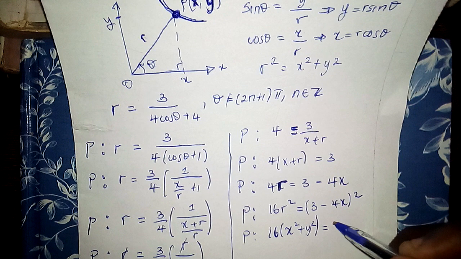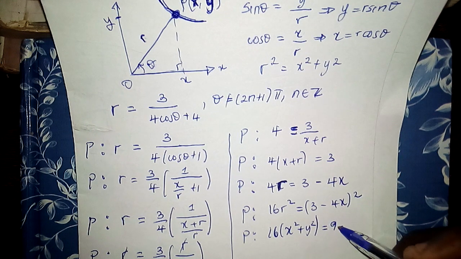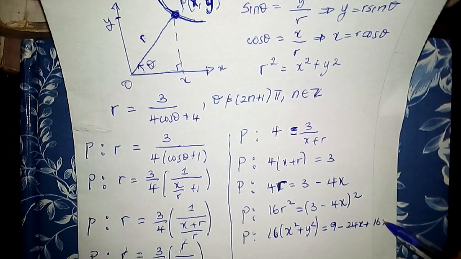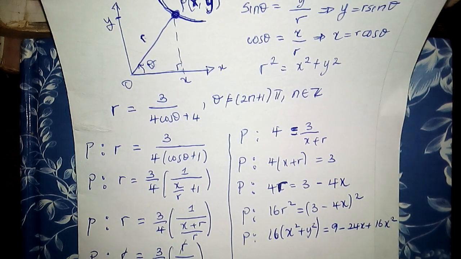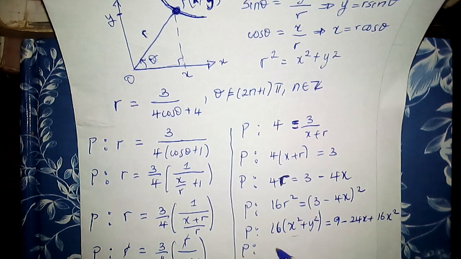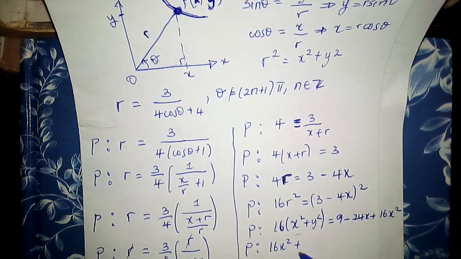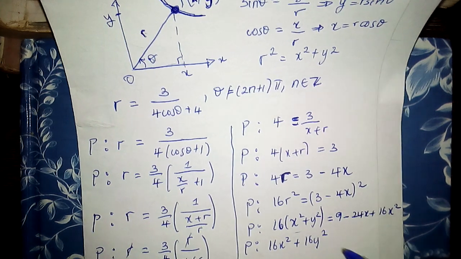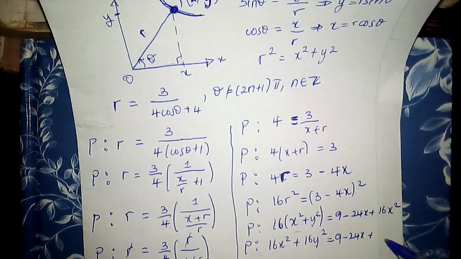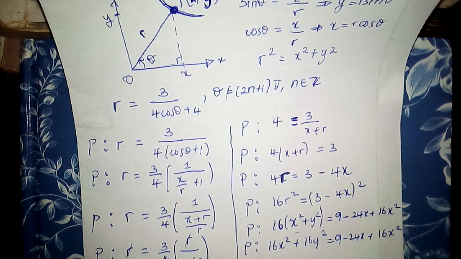Now when you square this side, you have 9 minus 24x plus 16x squared. So if you expand this side, you get 16x squared plus 16y squared to be equal to 9 minus 24x plus 16x squared.